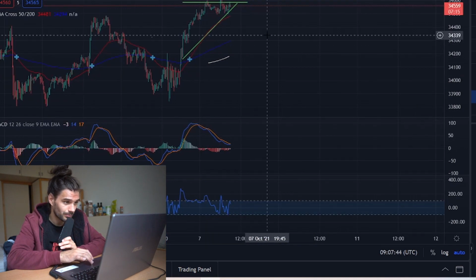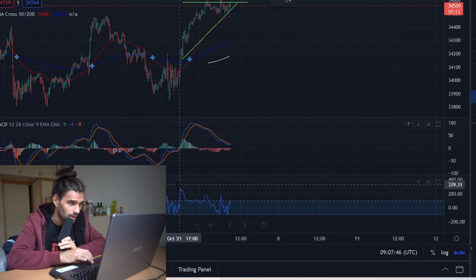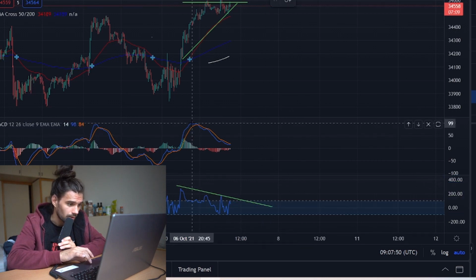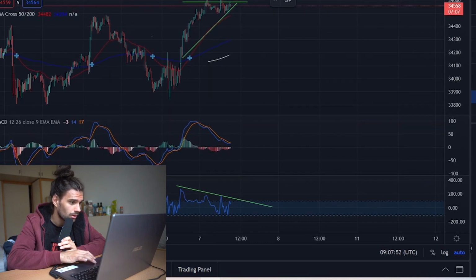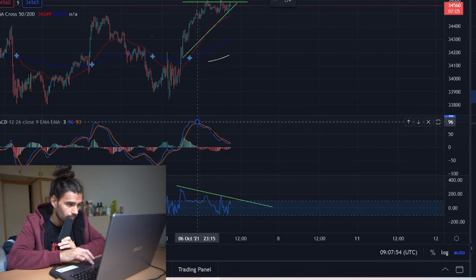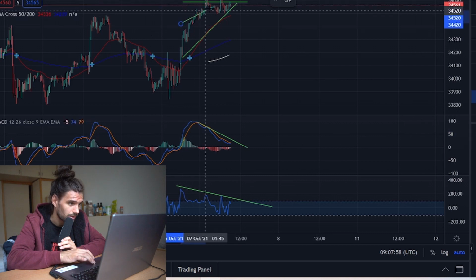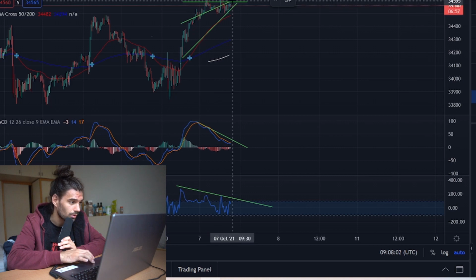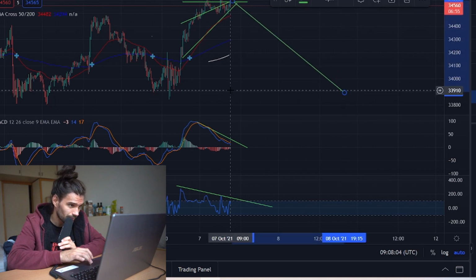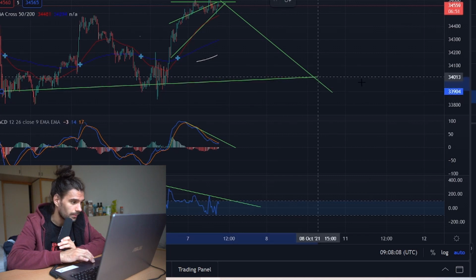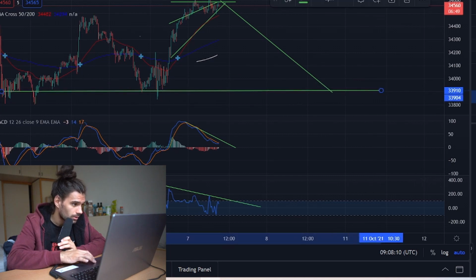Now, on the 50-minute chart, however, the indicators are going lower and forming lower highs. So technically, this could turn out to be very divergent, so we would retest the lower parts, this support line here somewhere.